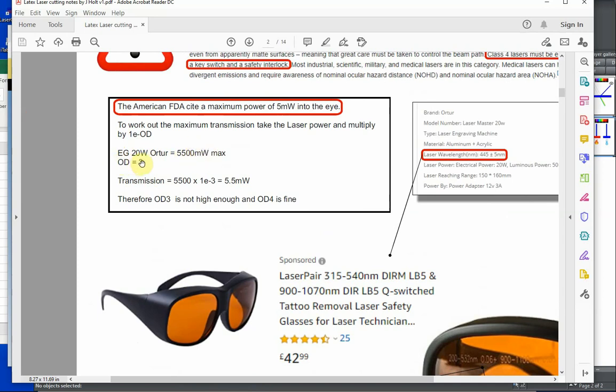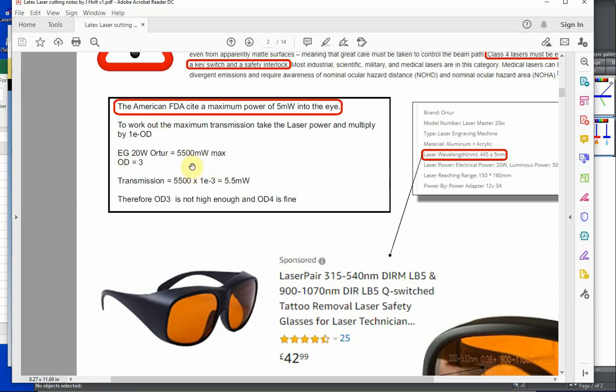For OD3 glasses, you basically divide that number by 1 with 3 noughts, i.e. 1,000. So if you divide that by 1,000, you get 5.5 milliwatts if you protected yourself with OD3.